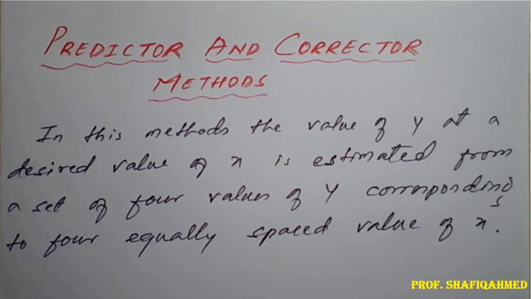This means we need to generate 3 more values of y given by any of the previous methods.